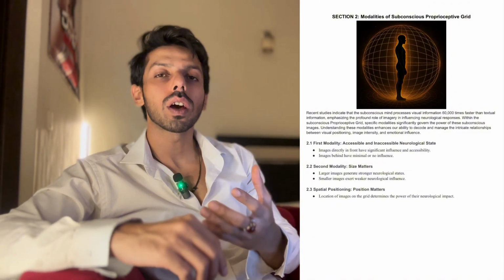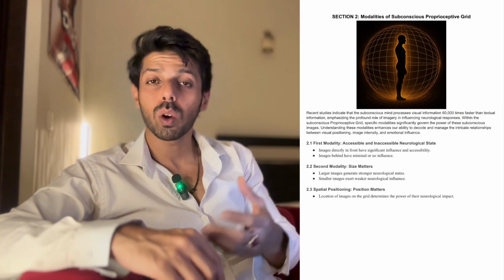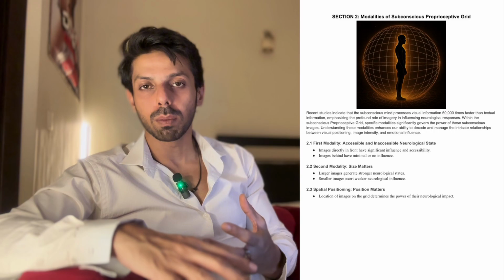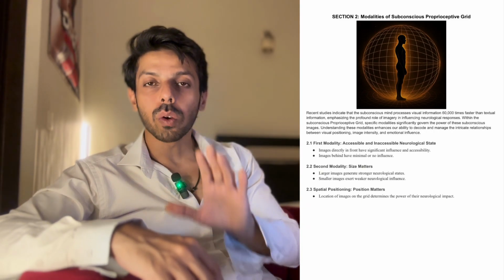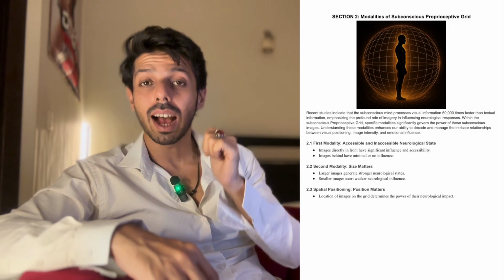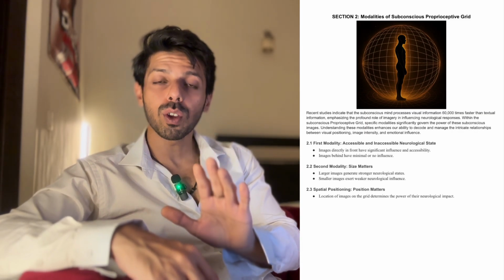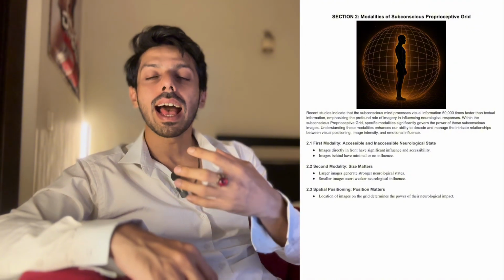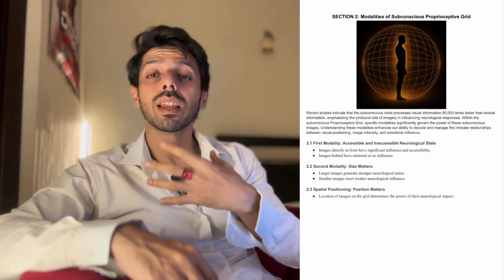Even if you close your eyes and I ask you to think of a particular time in your life when you felt really excited about something, the memory is right in front of your eyes. It is in front of you. It is not behind you. It is in front of you is the reason that this particular memory has a neurological state that is influencing you.